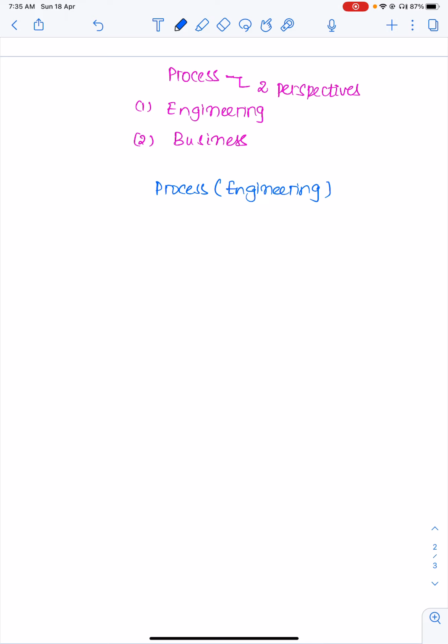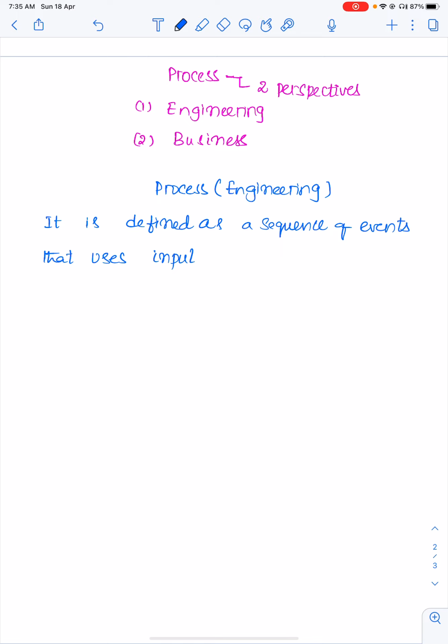Now, process is defined as a sequence of events that uses inputs to produce outputs.